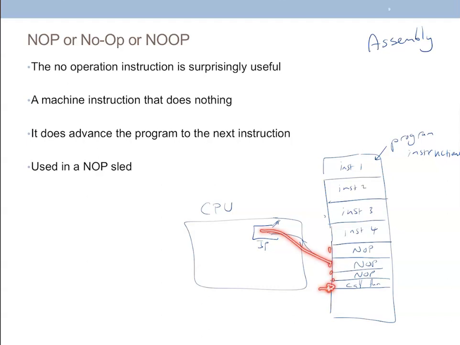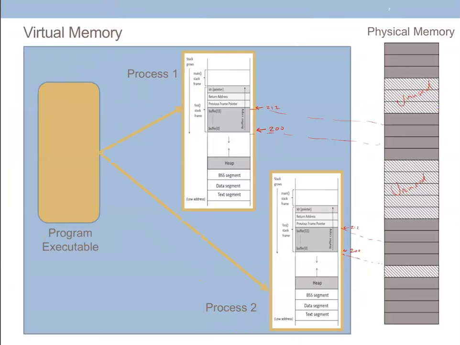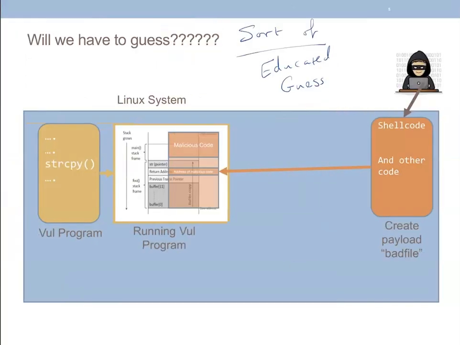And this is going to be very helpful. If I go back here, I wanted to get the address of my code exactly, and we figure that's a hard thing to do.